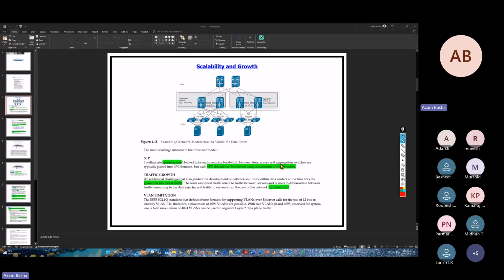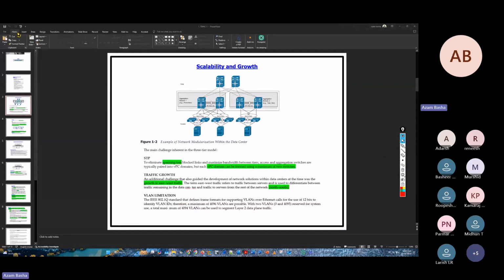So you will find the limitation with VLANs. What are the limitations with VLANs? We can have a maximum of 4094 VLANs only.